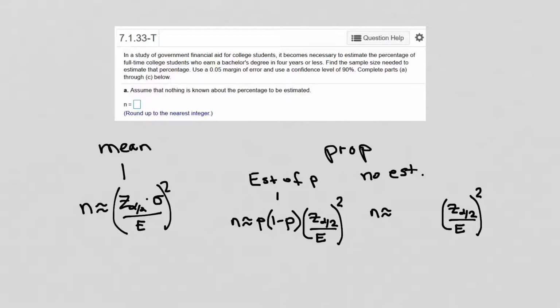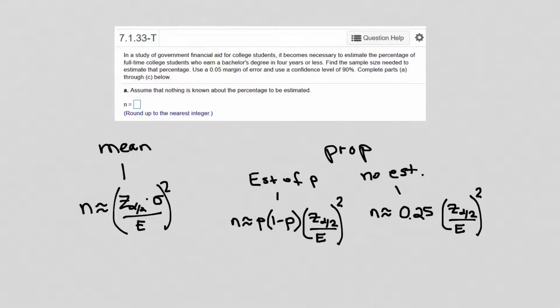You multiply those together and you get 0.25. So our formula when there's no estimate for P is that n is approximately equal to 0.25 times the quantity z sub alpha over 2 divided by the margin of error, squared.